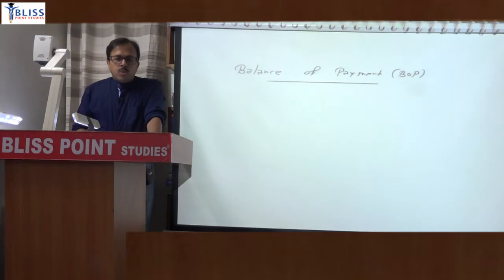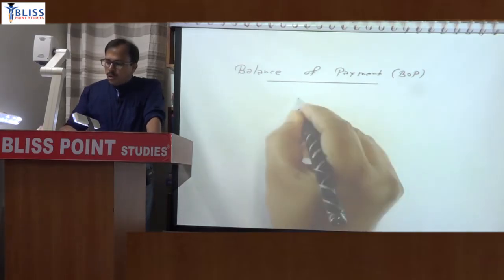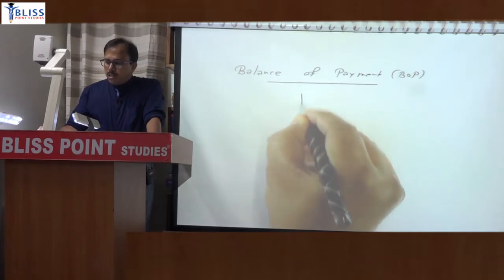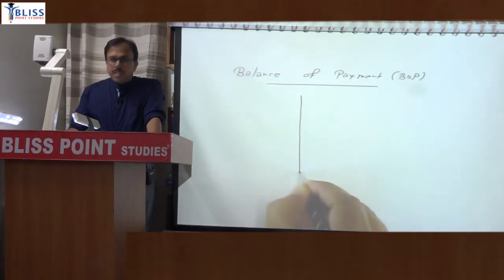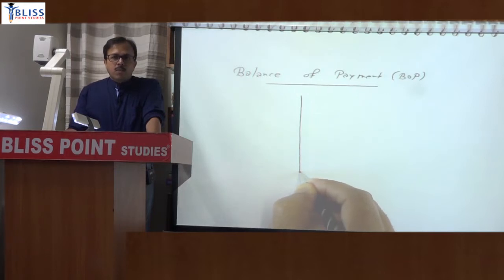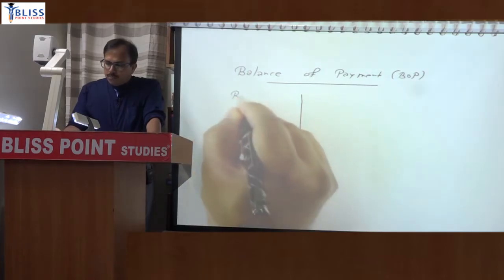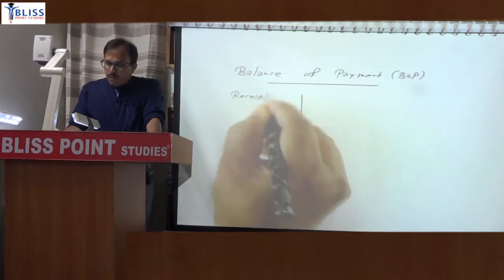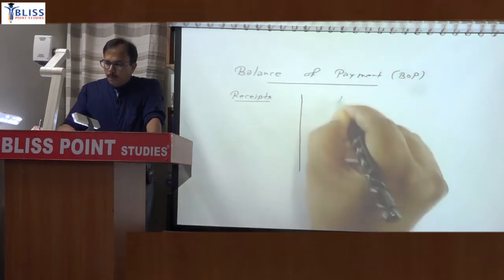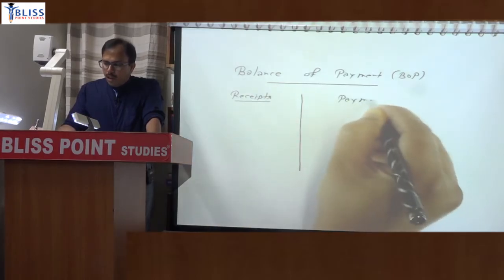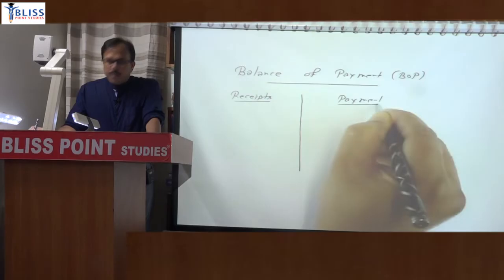Now the question is, what are those economic transactions? So all economic transactions, some economic transactions will be creating receipts and some economic transactions will be creating payments. That means, for example, if you are importing goods, you have to make payment. If you are exporting goods, you will be receiving payment. So there will be a receipt side and a payment side.